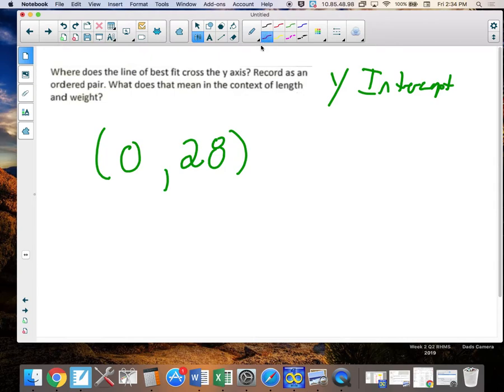So what this means in context, 0 is x, that was miles. 28 is the energy. What that means is that before we run a single mile, we start with 28 energy, whatever that happens to be.